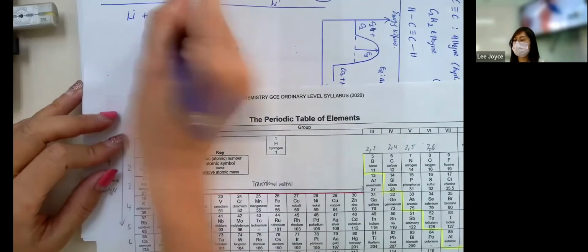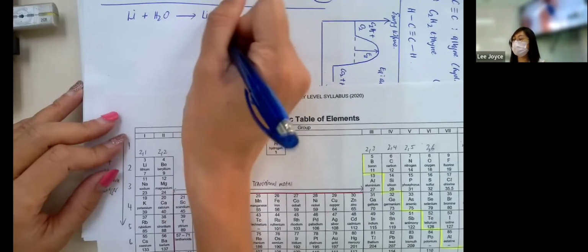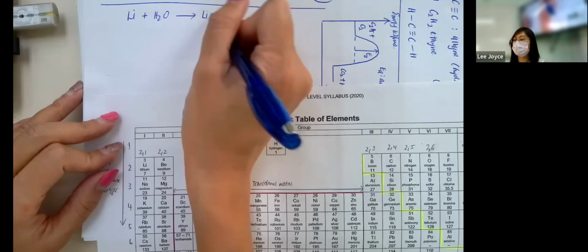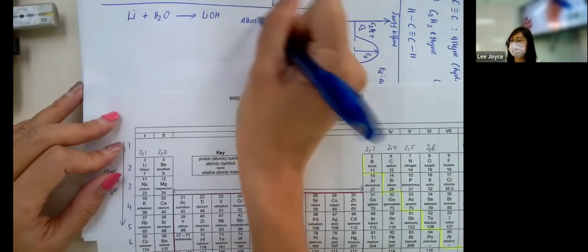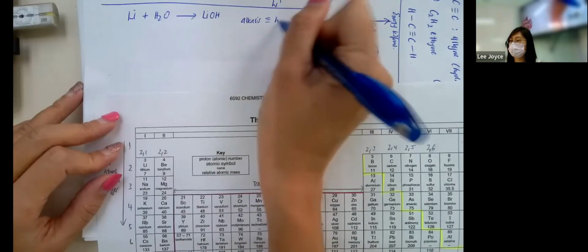All these group 1 metals, when they dissolve in water, H2O, form alkali. Alkali has a formula like this; we call it hydroxide. Another name for alkali is hydroxide.